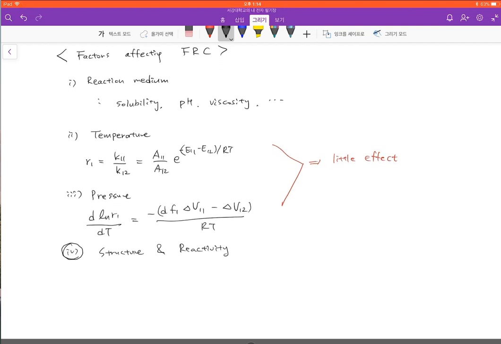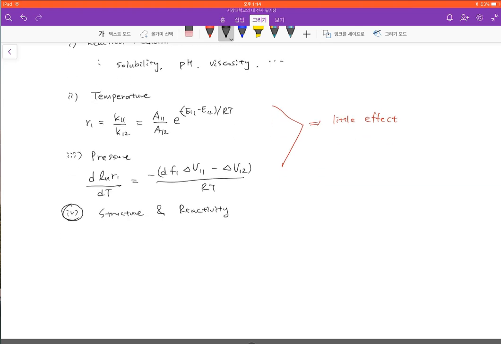Overall, there are three different factors in this structure and reactivity: resonance stabilization of monomer and radical, polar effect, basically the polarity of the monomer, and steric effect.